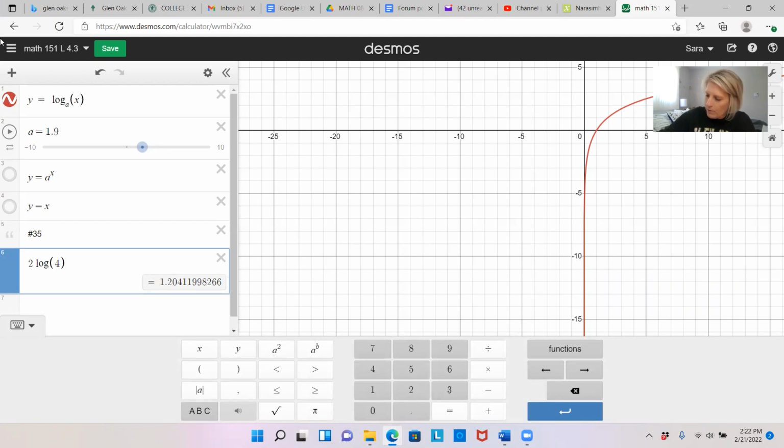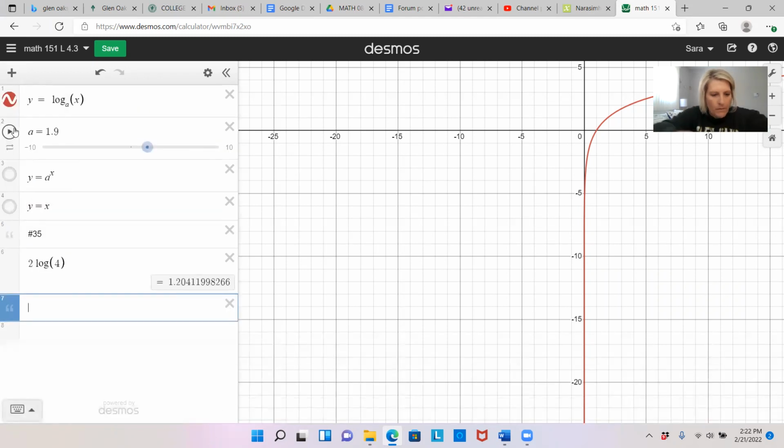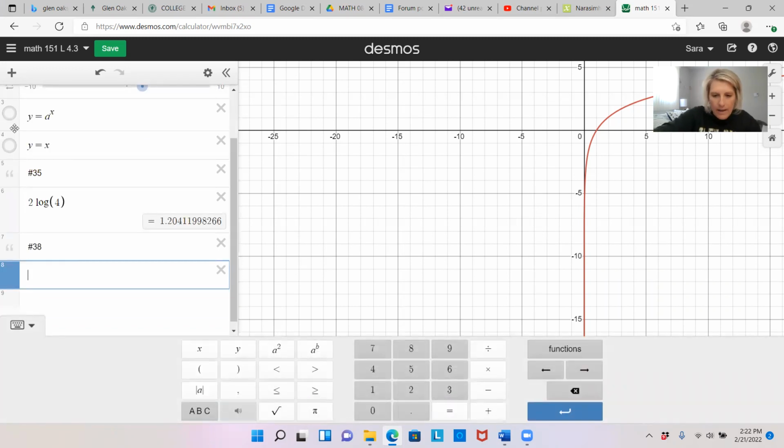And then the other one we wanted to look at was number 38. And that's the natural log, and then we have to find the pi symbol. So let's go find that here. Down in our menu, right down here by the square root.